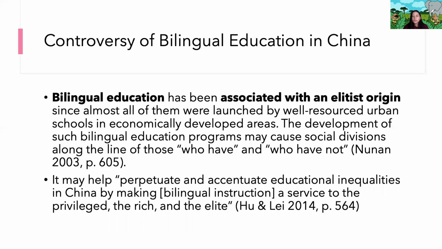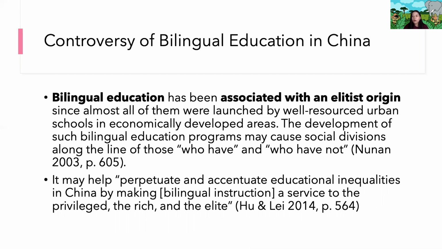Actually, bilingual education receives critiques in China. A major reason for these negative comments comes from the concern of educational inequality, as we have already discussed the importance of resources and economy that is associated with education. Bilingual education is also associated with elite origins.